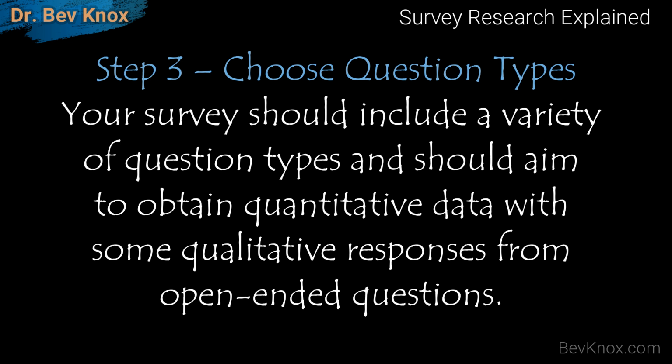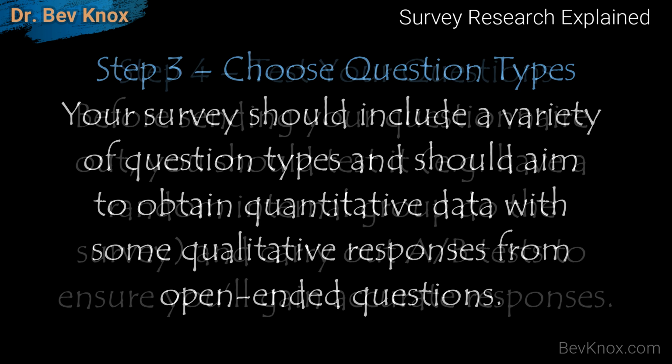Your survey should include a variety of question types and should aim to obtain quantitative data with some qualitative responses from open-ended questions. Using a mix of questions, simple yes or no, multiple choice, rank in order, etc., not only increases the reliability of your data, but also reduces survey fatigue and respondents simply answering questions quickly without even thinking.